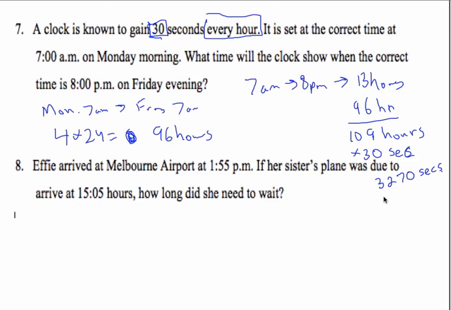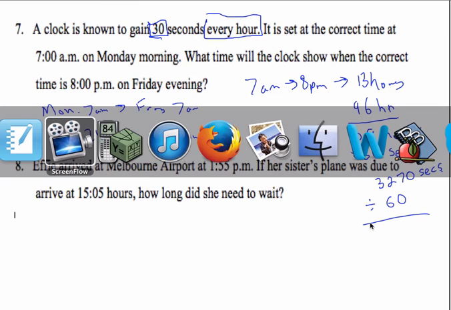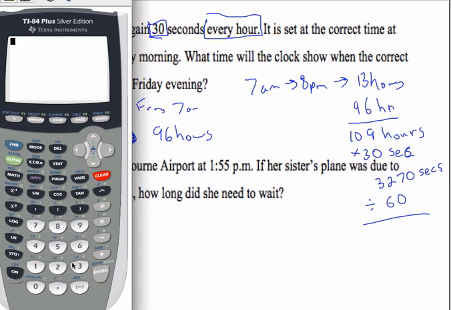So what time will it be at that? Well, we want to figure out how many minutes that is, so we're going to take this and divide it by 60. I'm going to do that on the calculator. 3,270 divided by 60. Okay, it's 54.5 minutes.